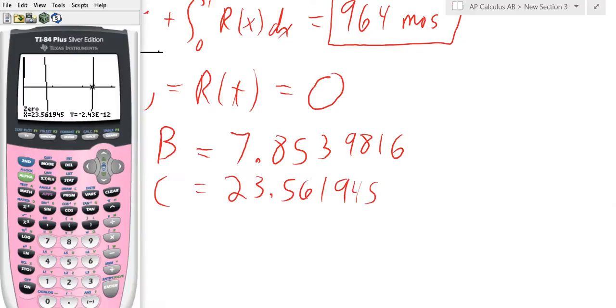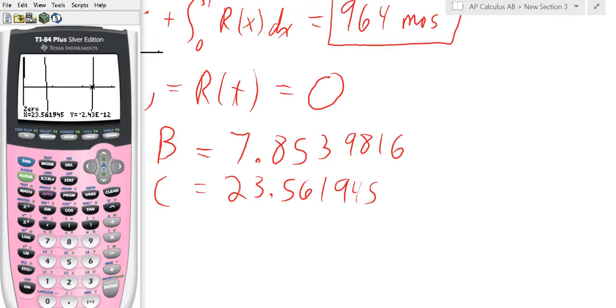Also, you see how it says y equals this weird number, negative 2.43 e negative 12? What's that really mean? My calculator is telling me, what value is that? It's 0.0000000000243. I hope that was enough zeros, but it's really just 0. There's just some rounding error, a very small rounding error, so that's why. Remember, we found the x-intercept, so the y value should just be 0 exactly.